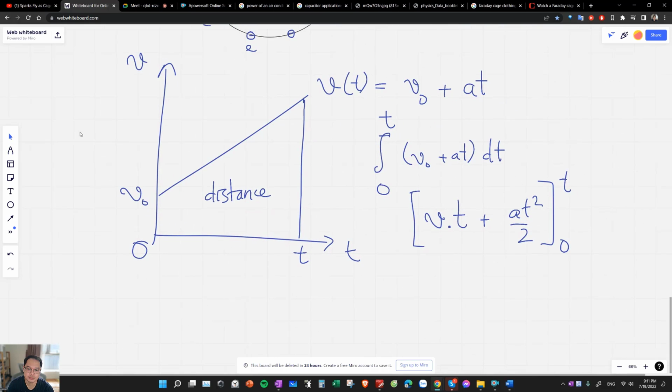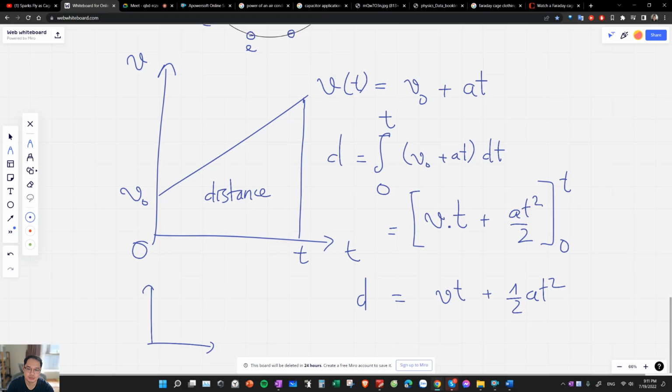So we will have the distance traveled to be v0 t plus 1/2 at squared. And of course this can apply to any function, not just a linear function like this, to have the area be the distance.